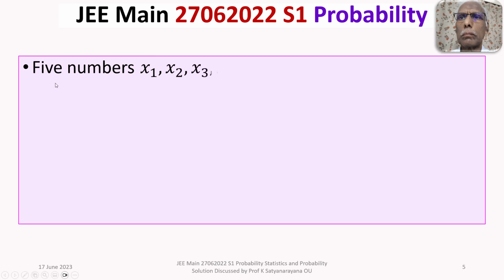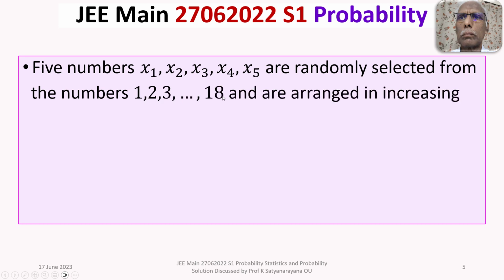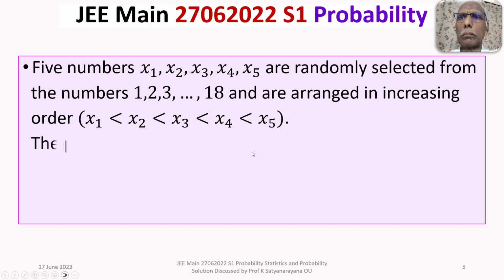The given question is: 5 numbers x1, x2, x3, x4, x5 are randomly selected from the numbers 1, 2, 3 up to 18 and are arranged in increasing order, that is x1 < x2 < x3 < x4 < x5.